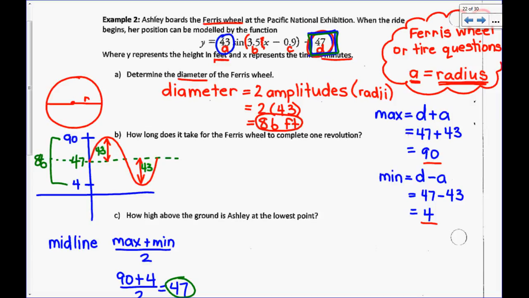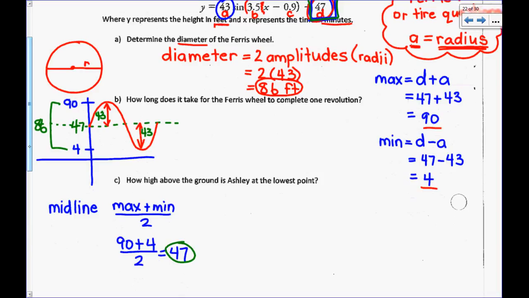All right, let's see what the period is of this Ferris wheel. When it asks how long does it take for the Ferris wheel to complete one revolution, that's meaning what is the period, okay? So we know a formula for figuring that out. The period is equal to 2 pi over b. What is our b? Well, we read that right off of our equation.